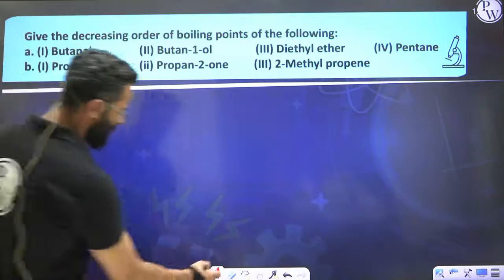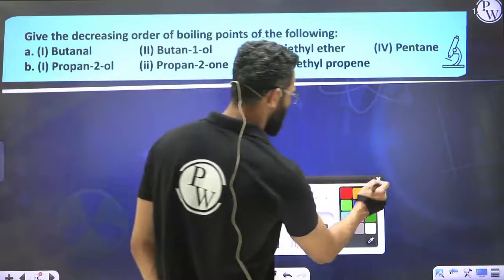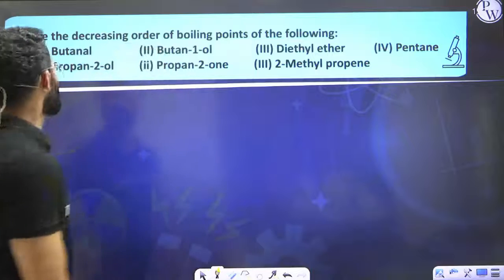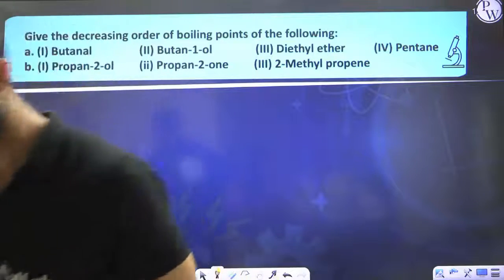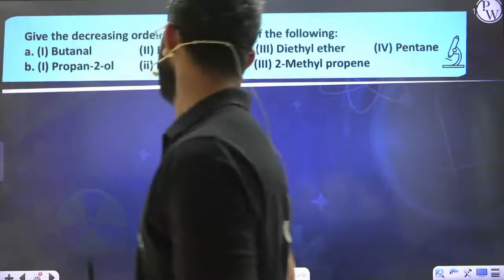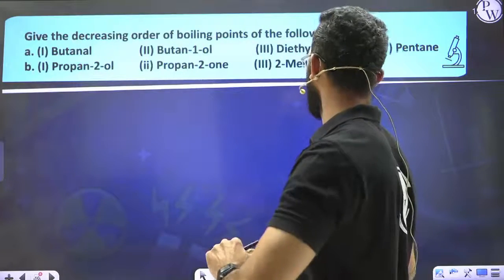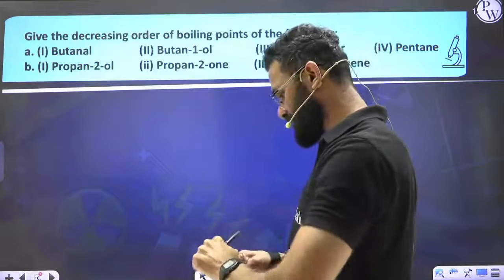Well, on your screen I want you guys to have a look at this question. Give the decreasing order of boiling points of the following compounds. Butanal, butan-1-ol, diethyl ether and pentane are the four compounds given to us.